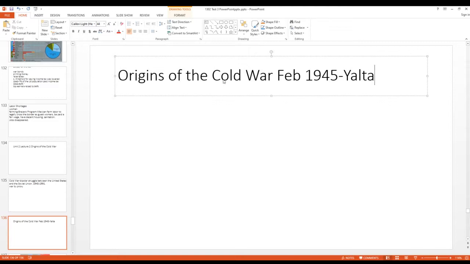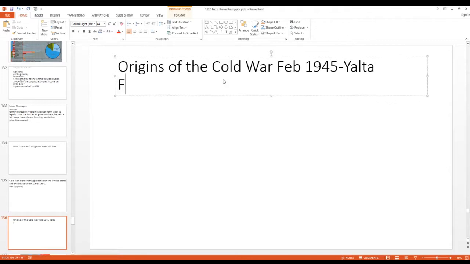Yalta was the last wartime conference between FDR, who would die a little over a month after Yalta, Churchill, who would be voted out of office not that long after World War II ended, and of course Stalin, who would go on to continue to rule the Soviet Union for 8 more years.